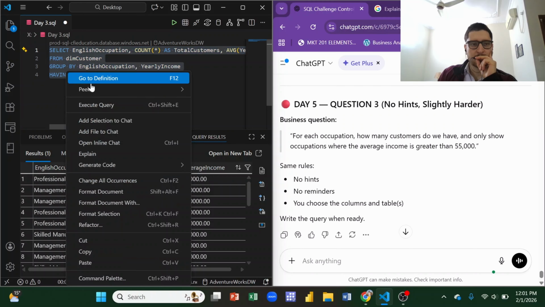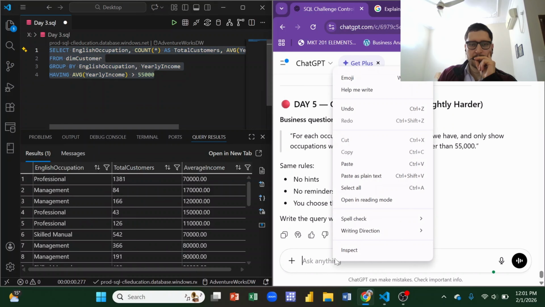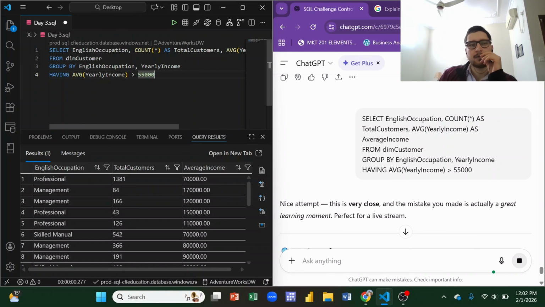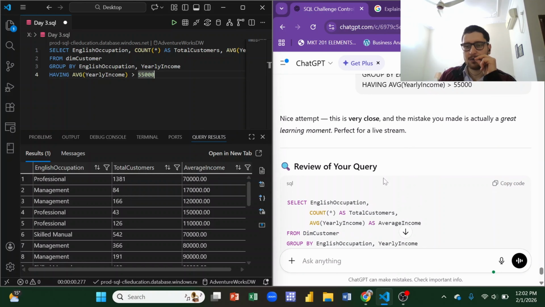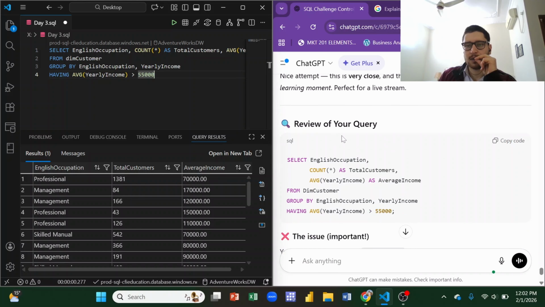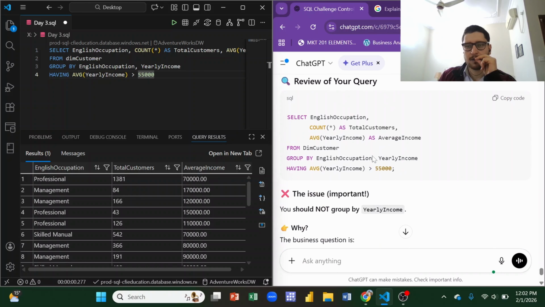Now let's put it into ChatGPT. I thought that because we wrote the query correctly, there was no problem with the syntax, and we also got the result. My query was correct, but ChatGPT says nice attempt. This is very close. The mistake you made is actually a great learning moment, perfect for a live stream.